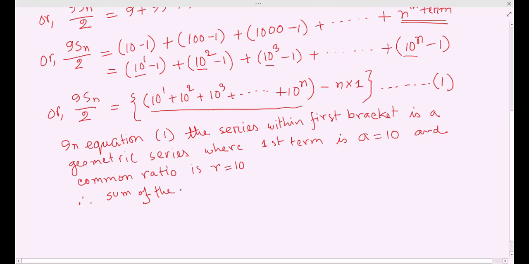The sum of the finite, or the sum of the n terms of the geometric series, is equal to what?